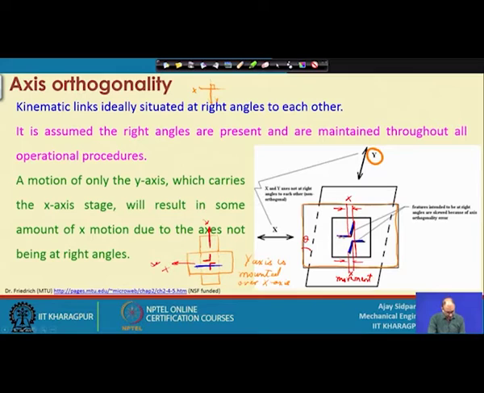When you are moving in x direction, there is no movement in the y axis, but when you are moving in y direction, because the y axis is located this way, you are getting extra motion, because x is located on the y. So, wherever y is moving, your x will also move. In that condition your x is getting extra motion where you do not want anything else. Your feature is something like this, but you are getting this particular feature. So, this is a problem which we have to avoid.